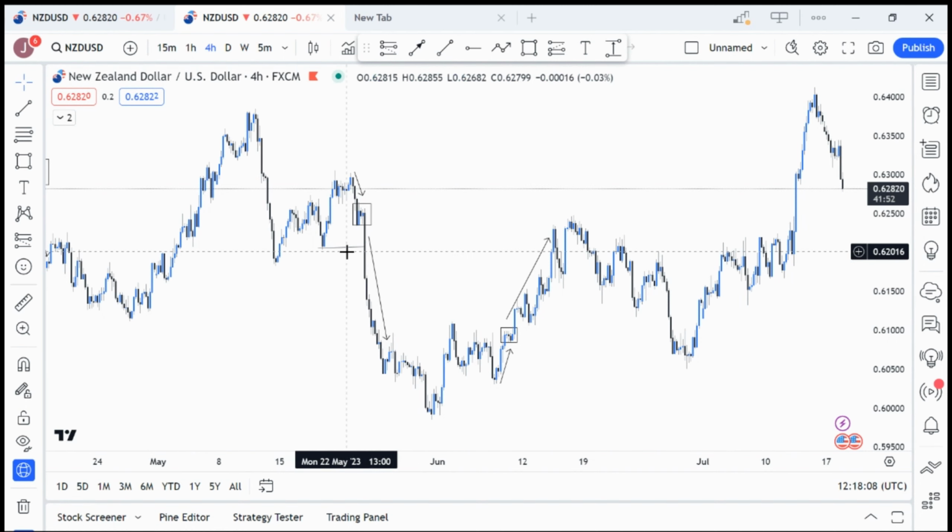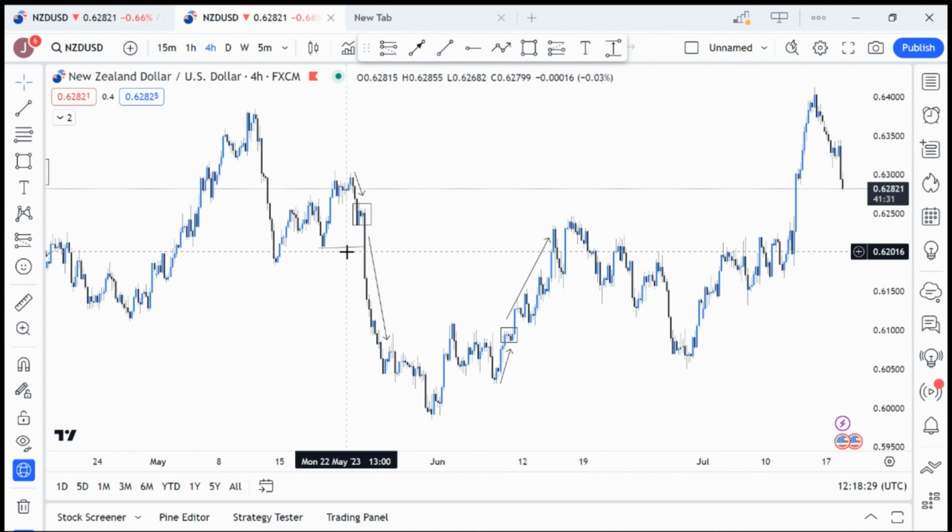Now, the second thing you need to look at is that it must have an imbalance. What is an imbalance? An imbalance is those big, long momentum candles that need to be filled up, because the market moves in circles to be in an equilibrium. What do I mean by equilibrium?